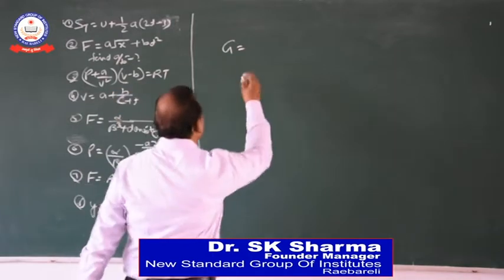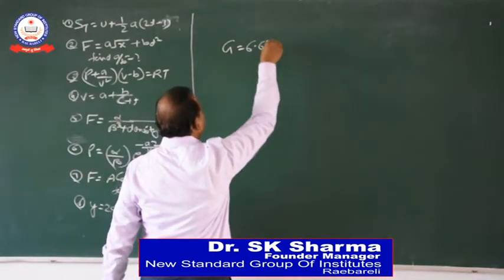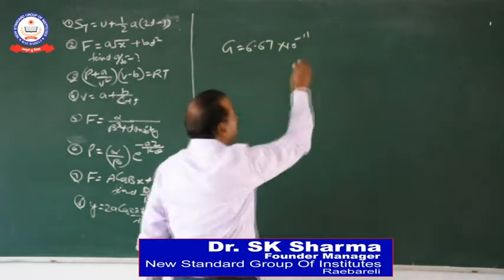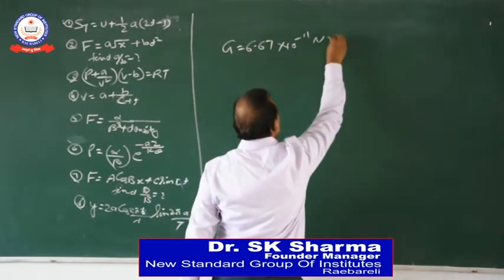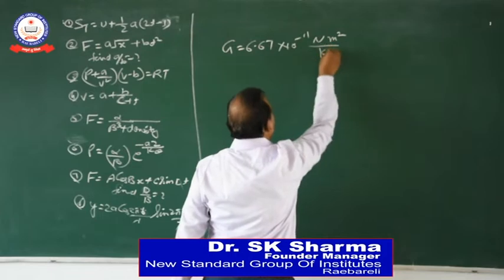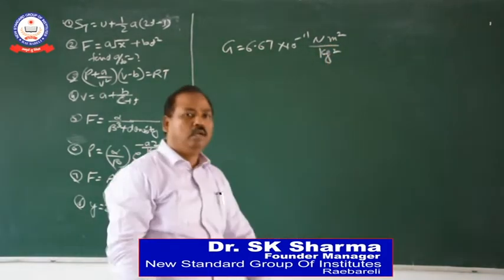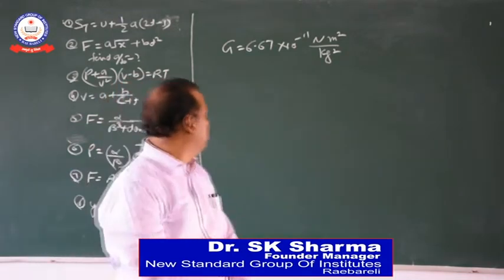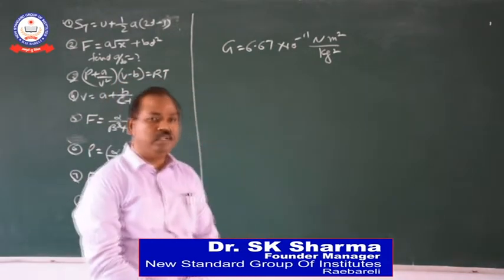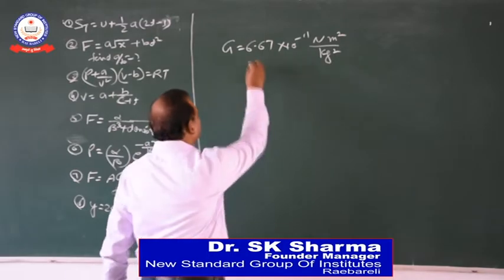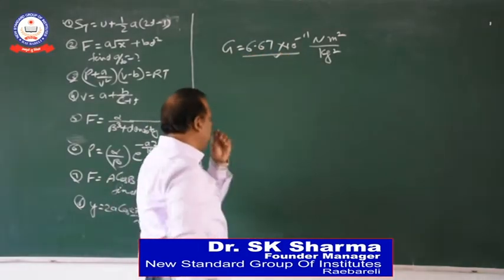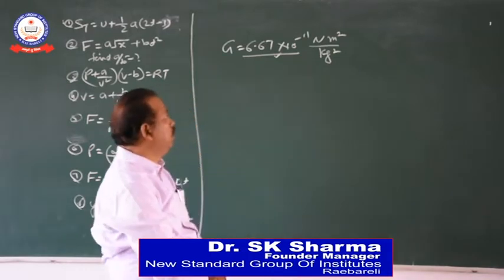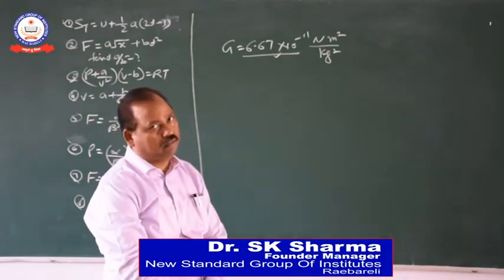The value of G is 6.67 into 10 raised to power minus 11 Newton meter square upon kilogram square. This is the universal gravitational constant, the value in SI, or you can say in MKS system.